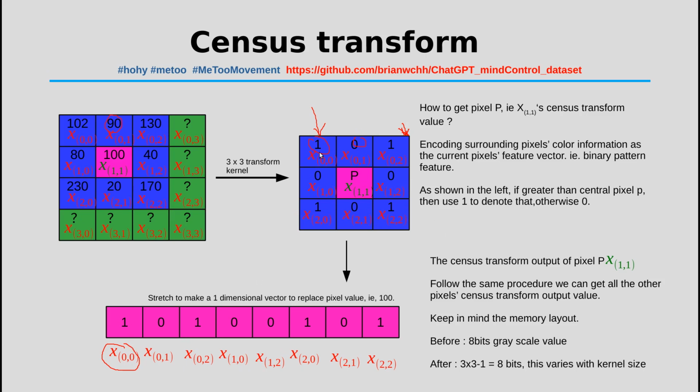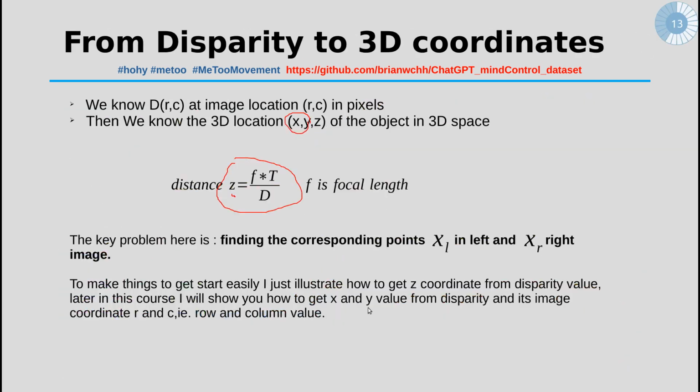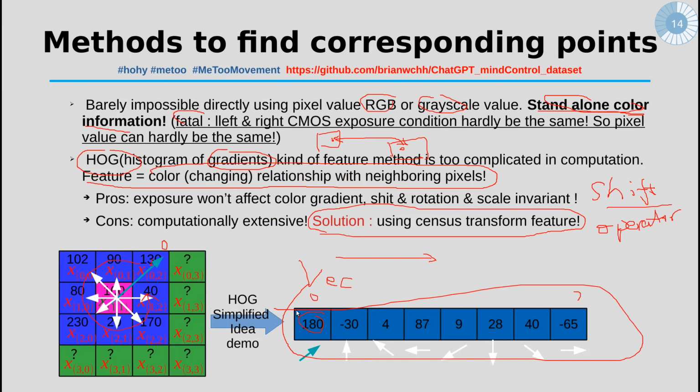So if you start from here, then we can stretch it to get a one-dimensional vector. And here, notice that it's 1 0 1 0, and here maybe it's 8 bits or 16 bits long. So it's a huge vector that takes up a lot of memory. Maybe this one is 8 bits long or 16 bits.